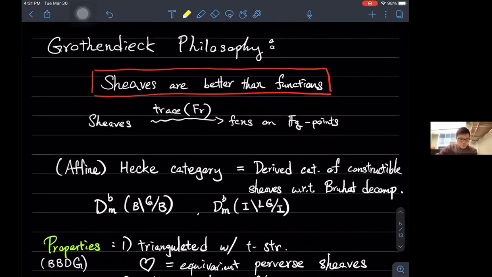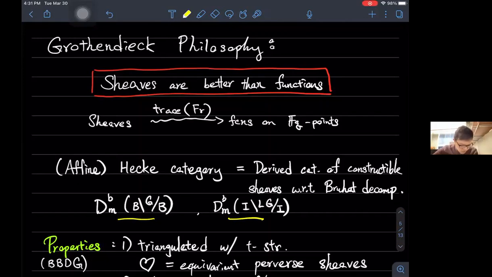So now we should consider one categorical level up. So it's Hecke category instead of Hecke algebra. They are the derived categories of constructible sheaves with respect to the Bruhat decomposition. So this is the finite case, the finite Hecke category. This is the affine Hecke category.